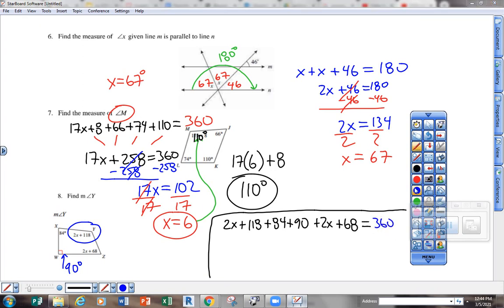You're going to combine your x's together to get 4x, and combine all these numbers together to get a two-step equation. So you get 4x plus 118 plus 84 plus 90 plus 68 gives me 360.